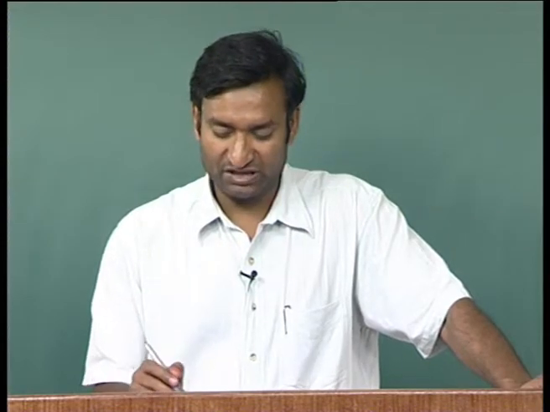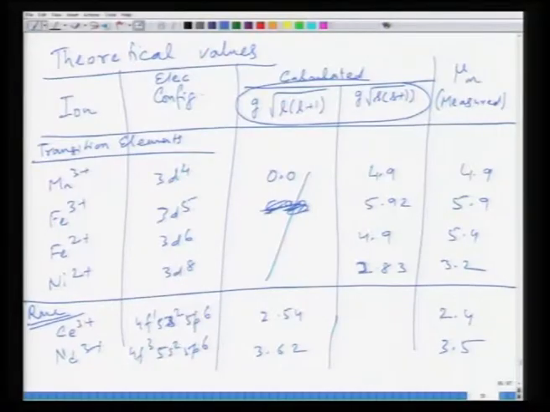As a result, the orbital magnetic moment also starts contributing. So, this factor, g root j into j plus 1, takes contributions both from spin as well as orbital, whereas the spin contribution dominates in the case of transition elements or d group elements, and the experimental values match pretty well to suggest that that is indeed the case.